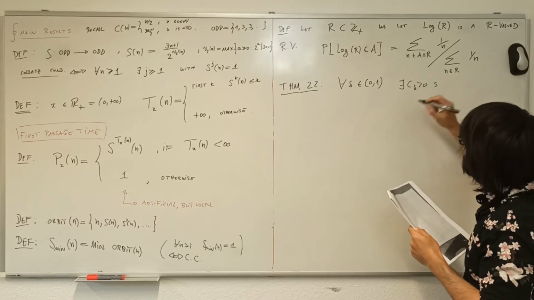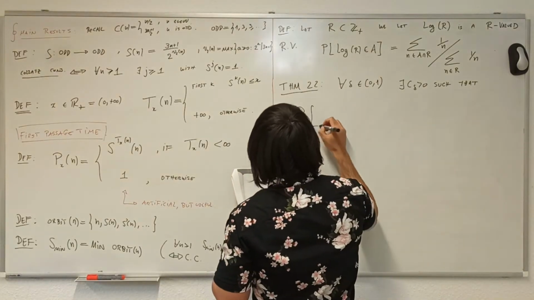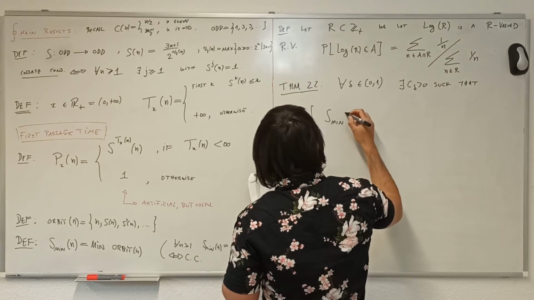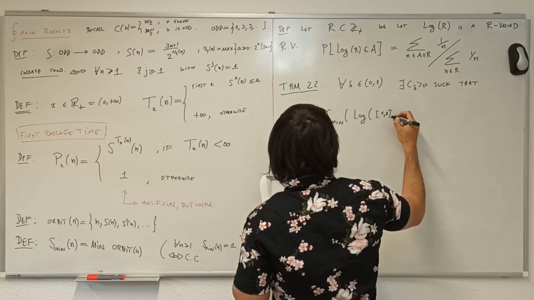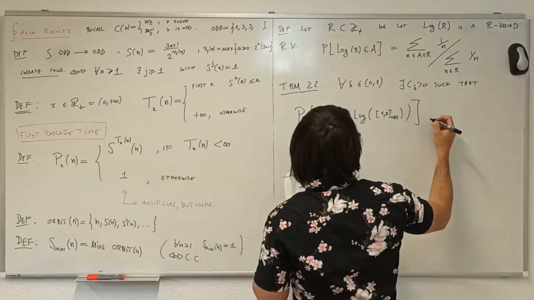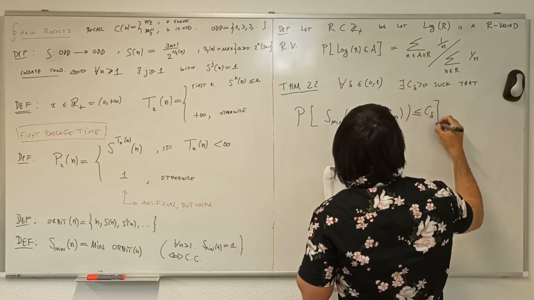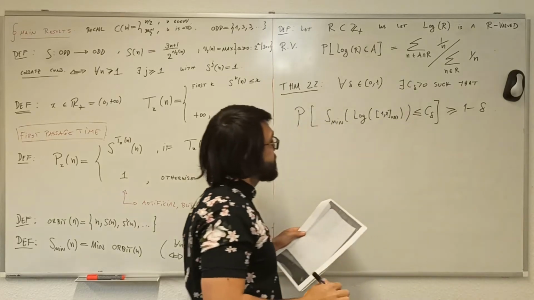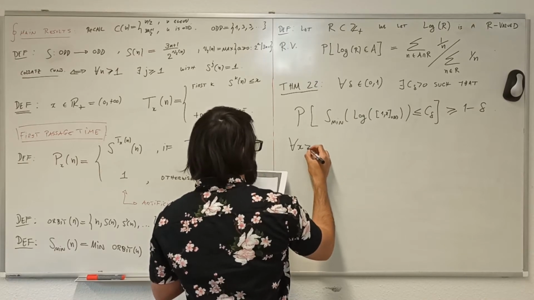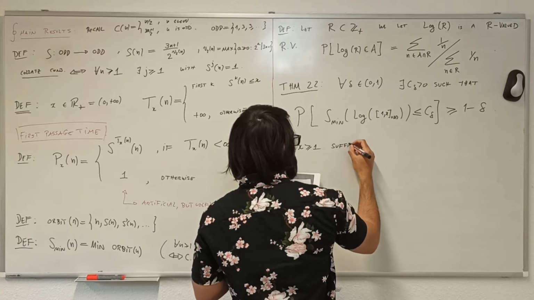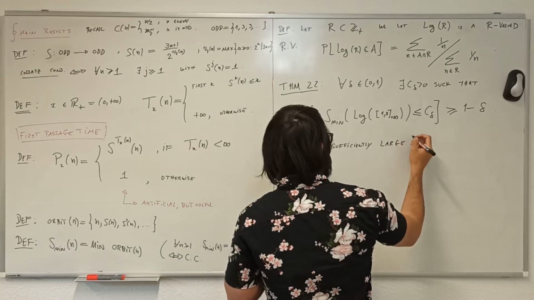Such that, so there is a delta positive such that the probability of s min of log of the set R, with R = Z plus, is less than or equal to C delta is greater than or equal to 1 minus delta, for all x greater than or equal to 1 sufficiently large.